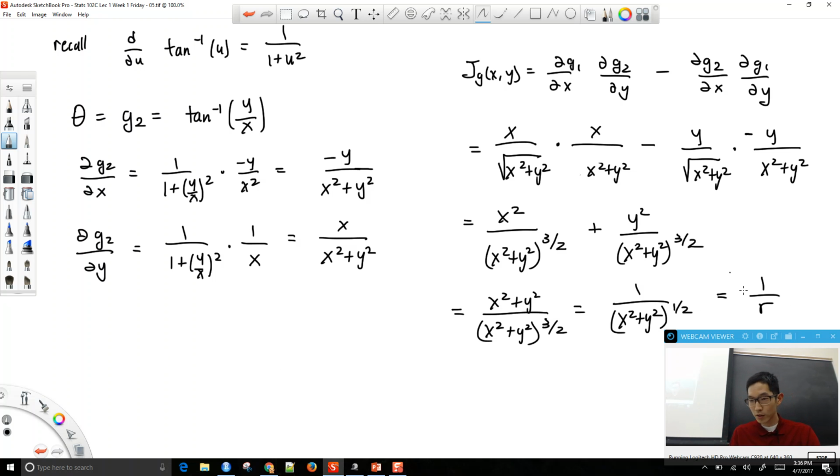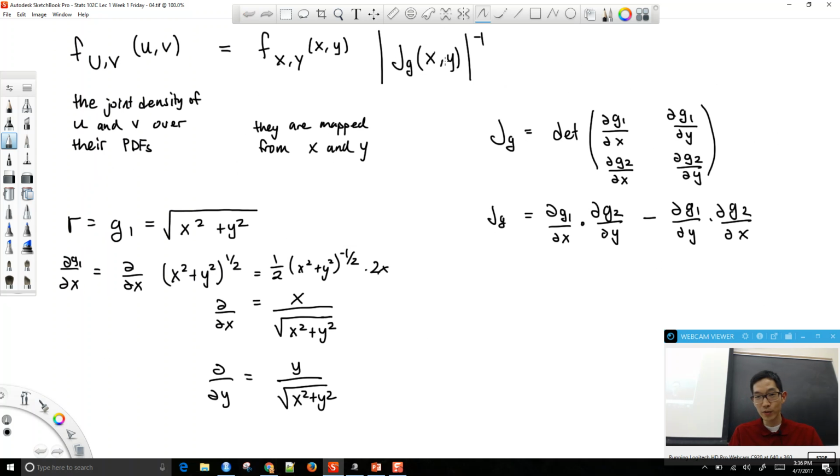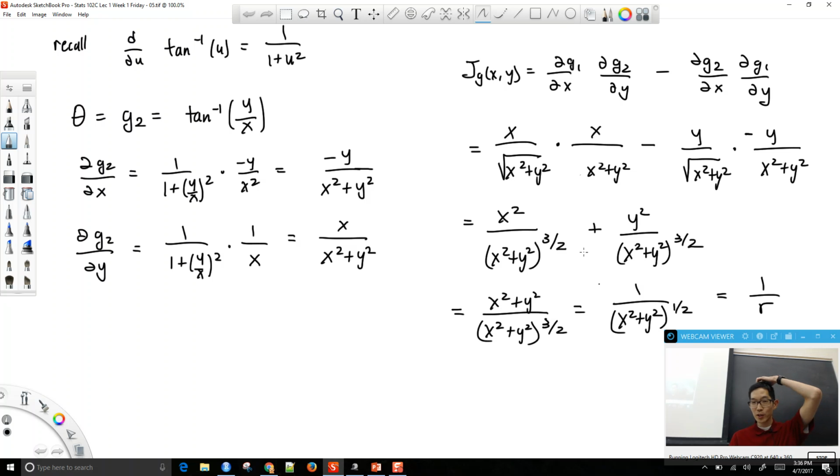So this j sub g is 1 over r, and when we go back and want to get the inverse of this, this part just becomes r. So this is all our j sub g of x, y, and when we take the inverse of this thing, we'll get that.